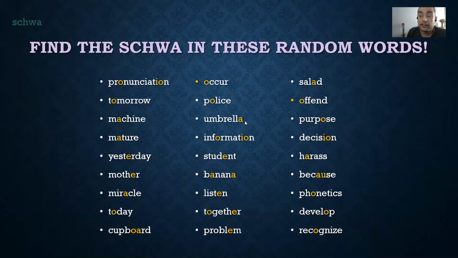Here, umbrella, "ella," not "a." It's not "umbrella," okay? Umbrella. Information, not "for," a commonly mispronounced word. Information.